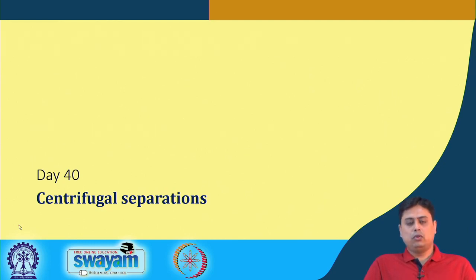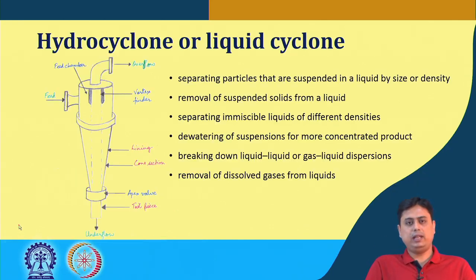We have seen 4 or 5 problems related to that till the last class, and I mentioned that all these concepts have been discussed for the gas cyclone. Now a similar concept applies to the hydrocyclone or the liquid cyclone as well.